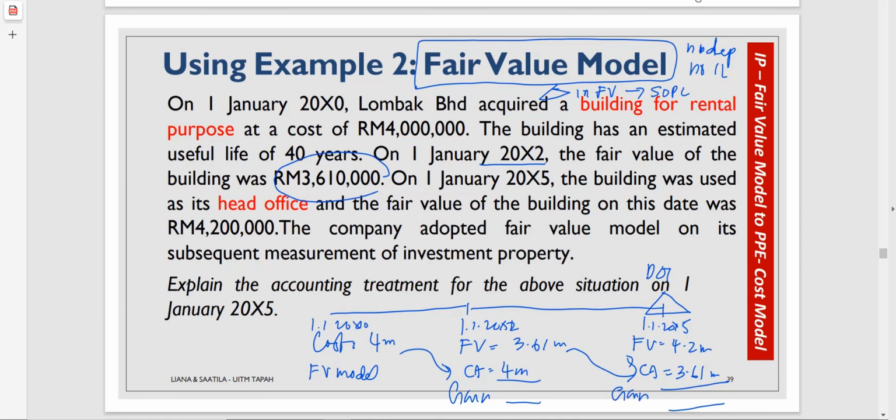So let's look at the impact of the company having adopted the fair value model. On the date of transfer, the fair value was 4.2 million. And this is where there was a change in use from IP to PPE.